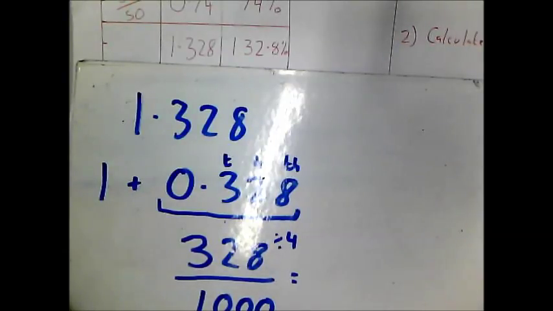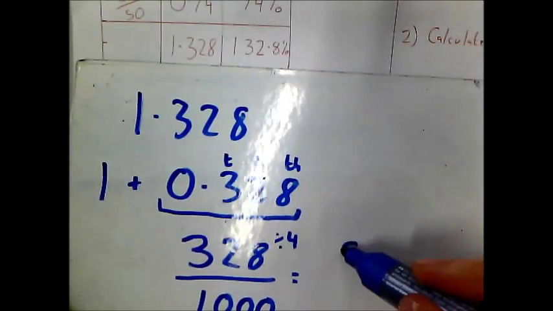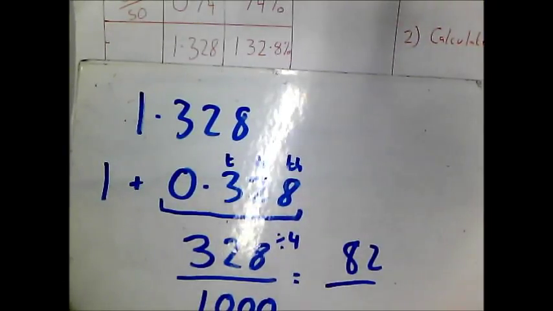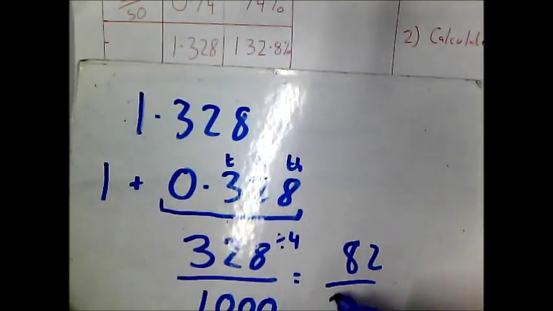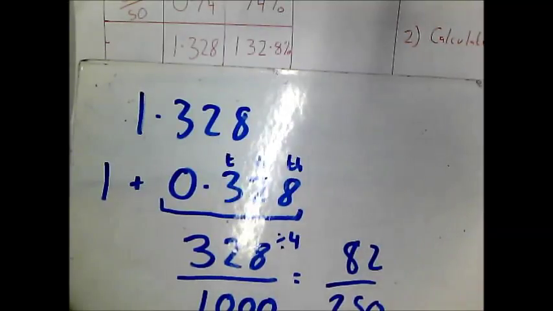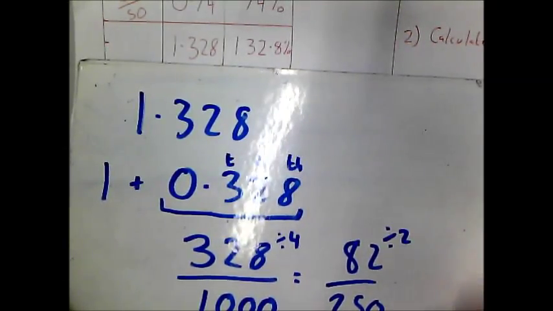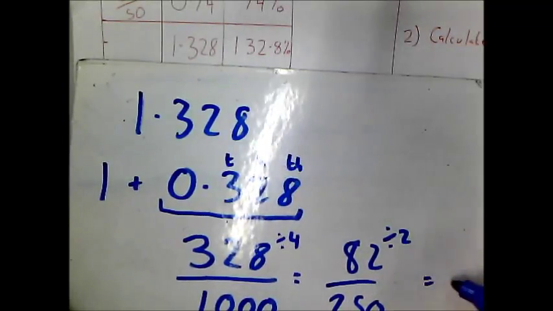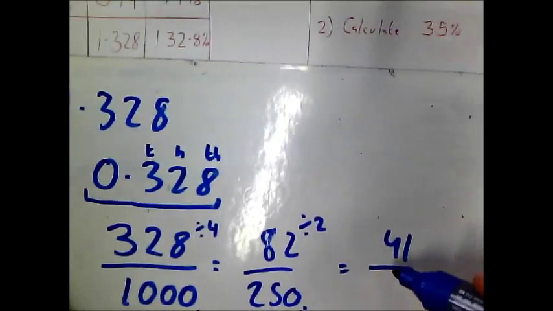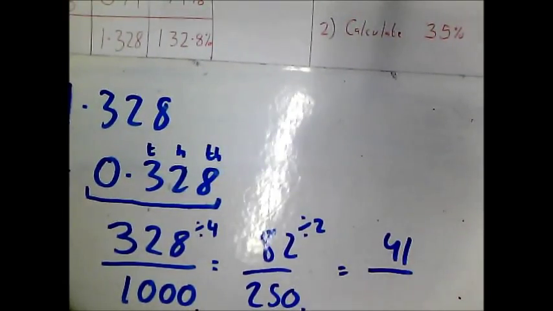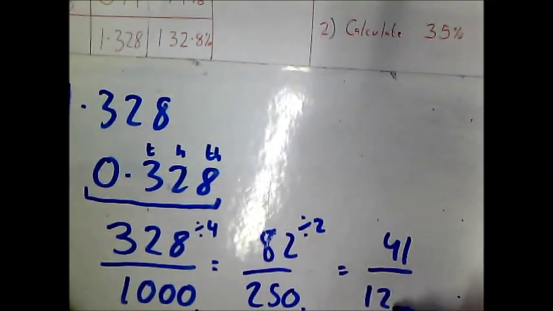So that gets us 82 over 250. And I can divide by 2 again. So I get 41 over 125.